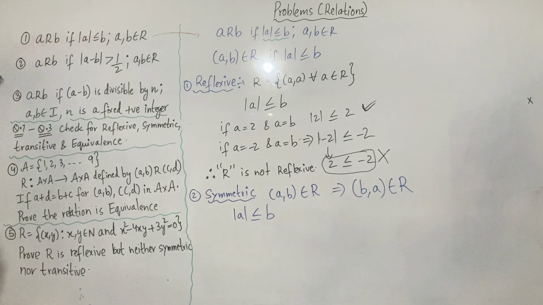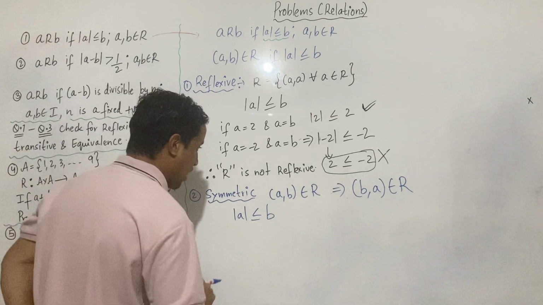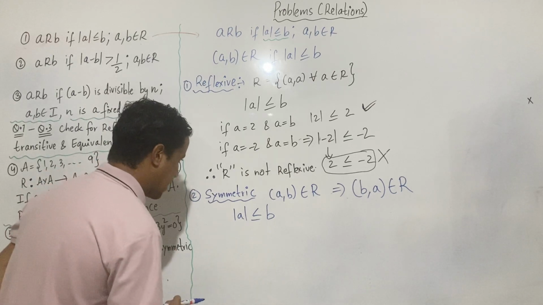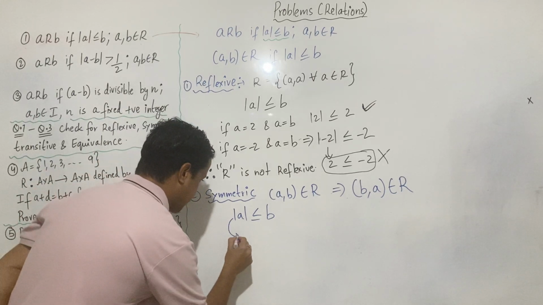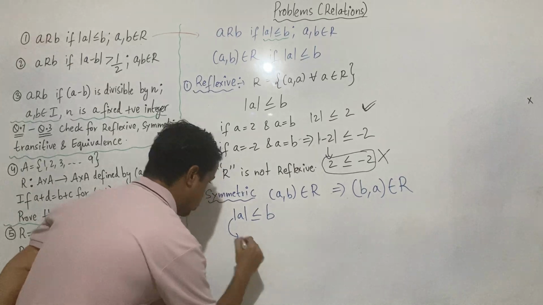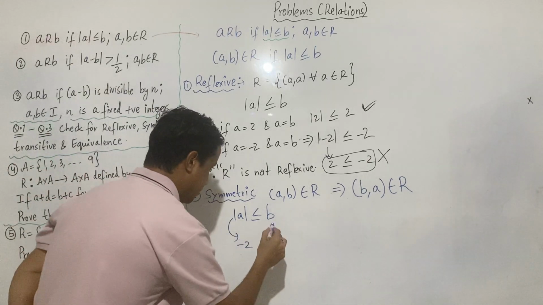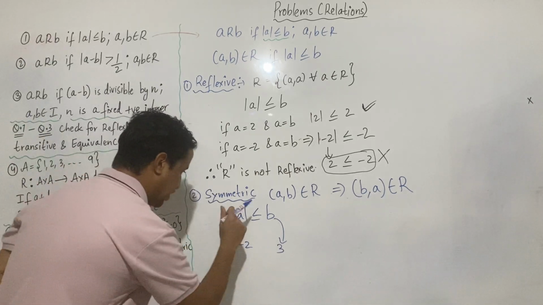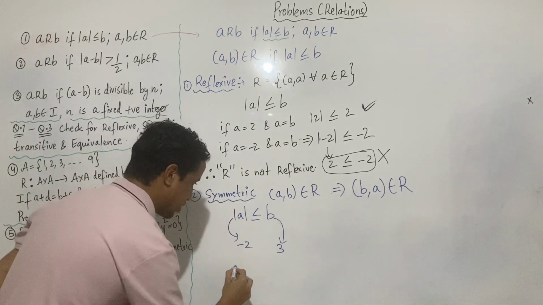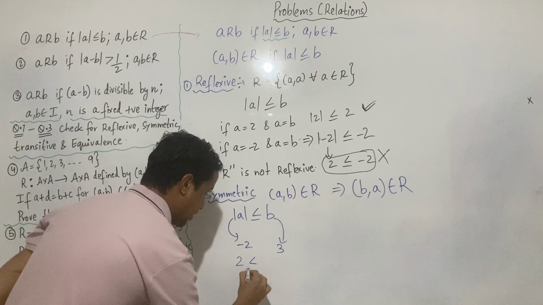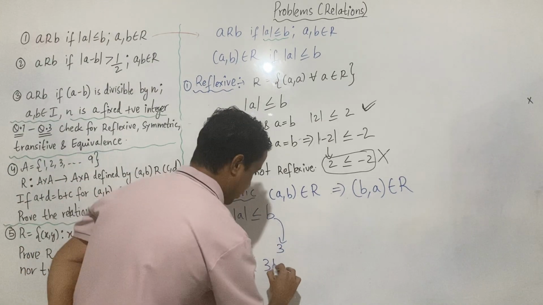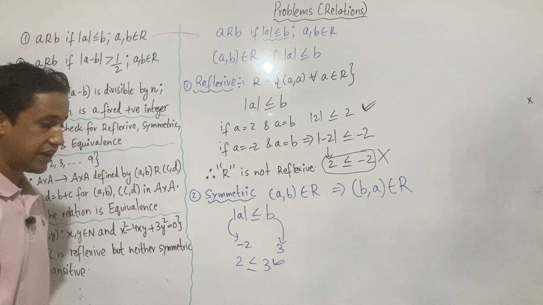Here, let's say I take A as minus 2, and B I take as 3. The mod of minus 2 is 2, and here 3. So 2 is less than or equal to 3, which is true, right?